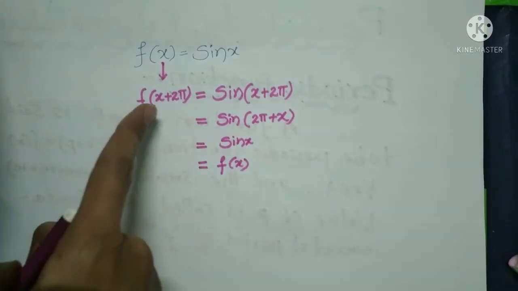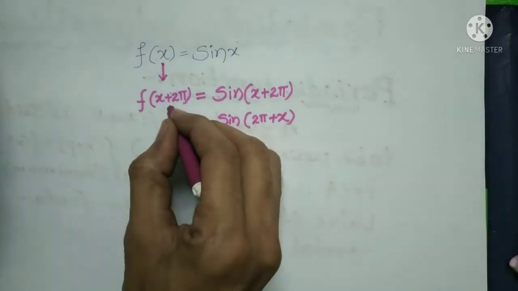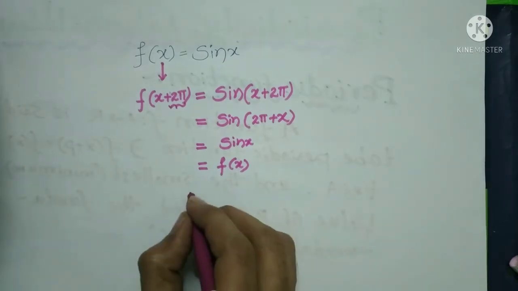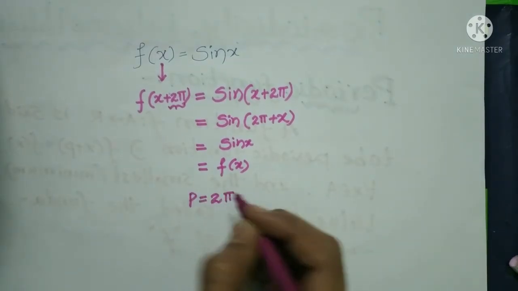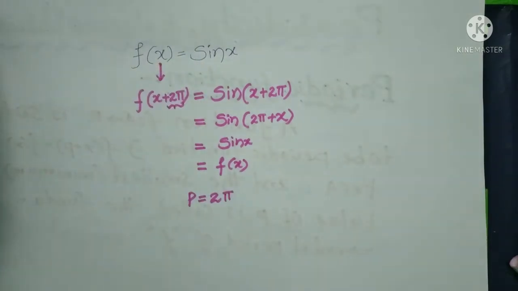So f of x plus 2 pi equals f of x. This condition is satisfied, so in the place of p we have 2 pi. This is called the period of this function.